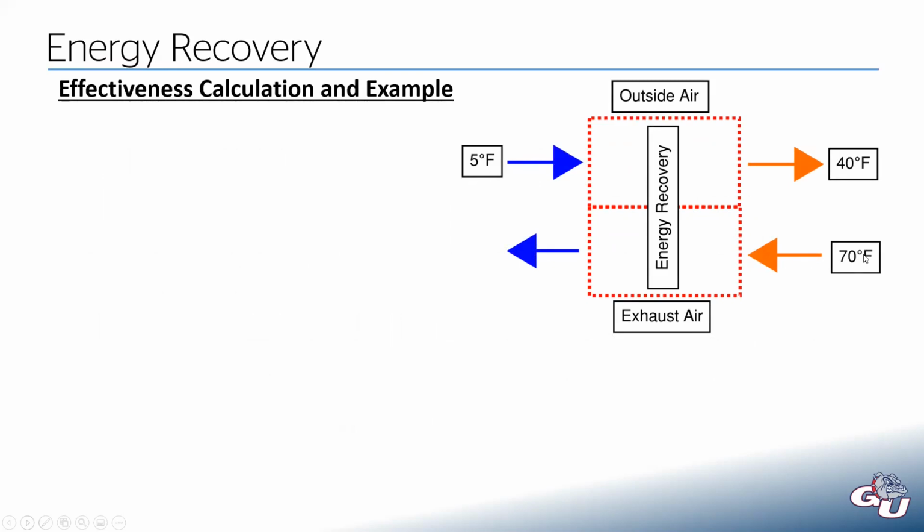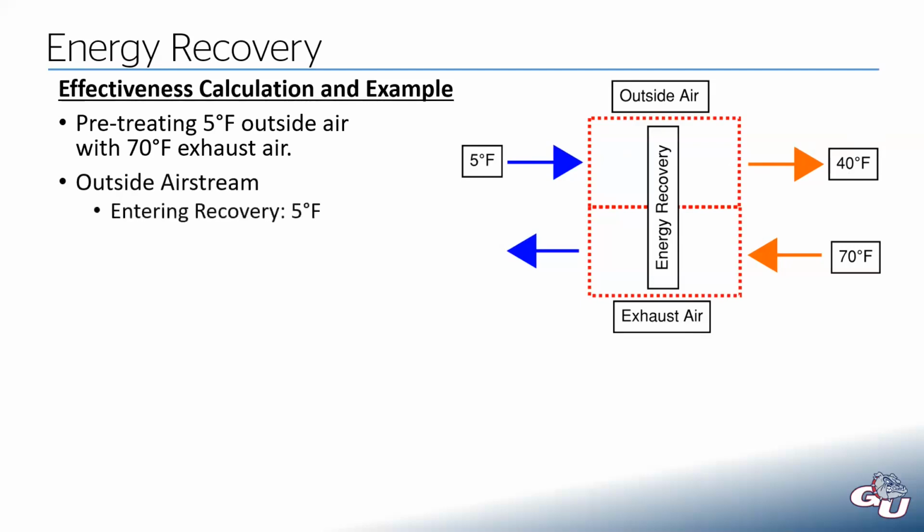The exhaust side is on the bottom, coming in at a warm 70 degrees. We have an energy recovery device between the air streams to pull some of the energy from the exhaust side and put it into the outside air side. And we're getting that air up to 40 degrees. So we're pre-treating 5-degree incoming outside air with 70-degree exhaust air.